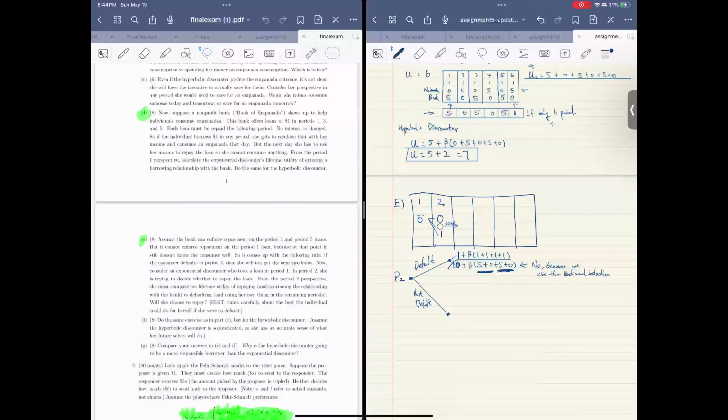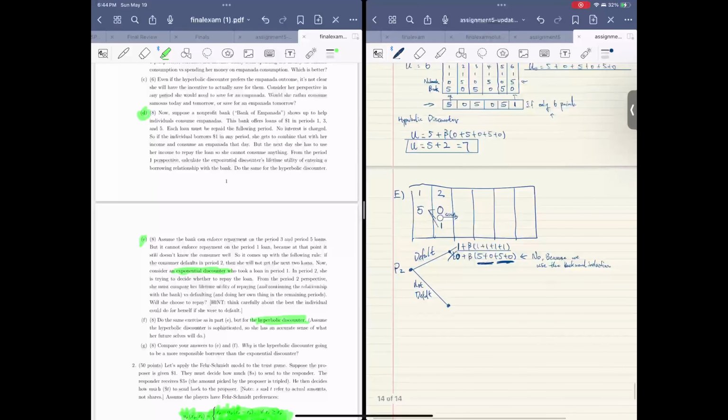Oh, I'm not reading the question right. This says only exponential discounter. Yeah. And then we only do the hyperbolic discounter on question F. Okay, let's keep going with the exponential discounter. We'll come back to the hyperbolic discounter.